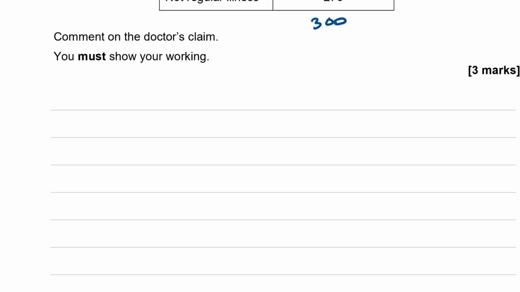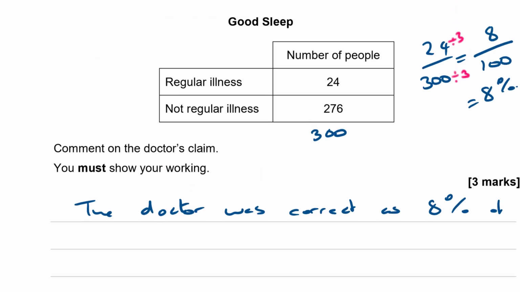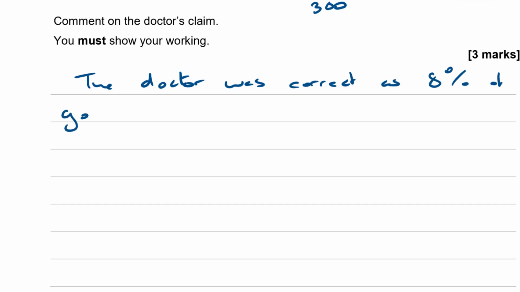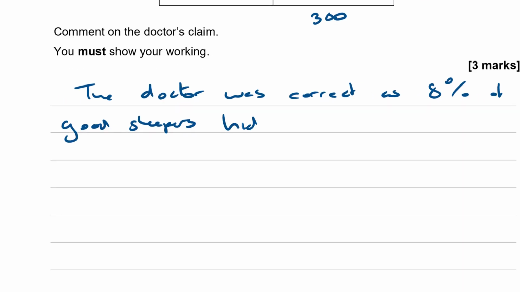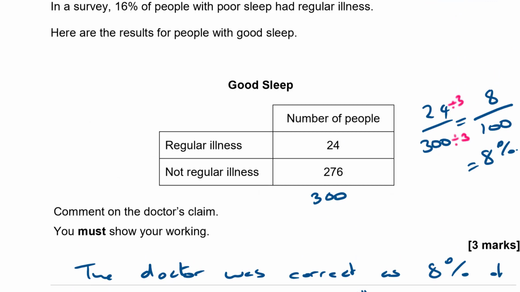So I'm going to write underneath then that the doctor was correct, as 8% of good sleepers had regular illness, compared to 16% of, what do they call them?